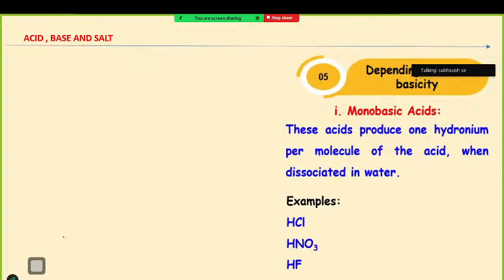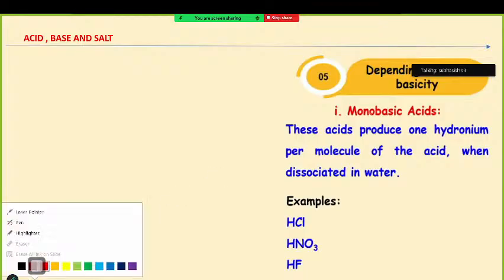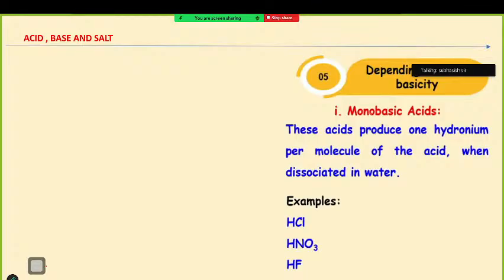Now, some acids are known as monobasic acids. Monobasic acid means it gives only one H plus per molecule of acid, like HNO3, like HF. Mono means one.